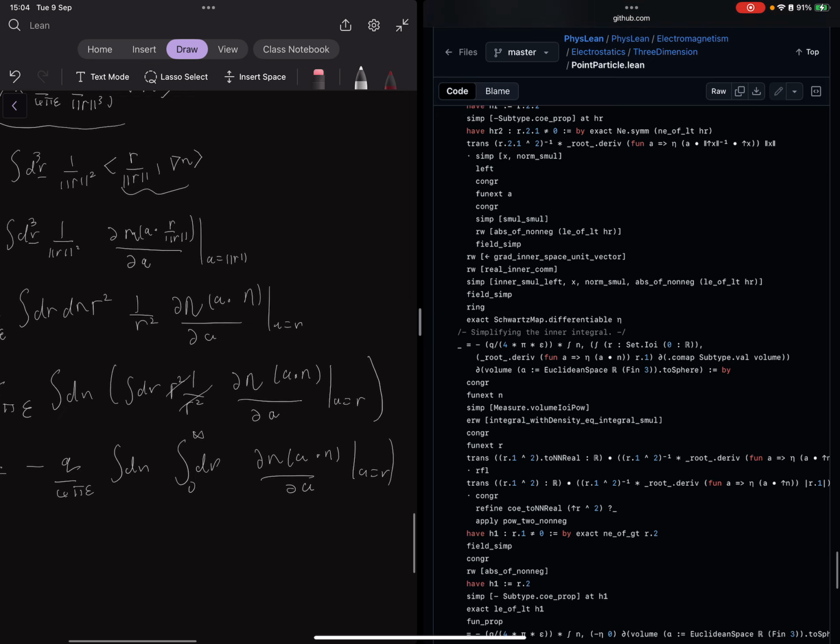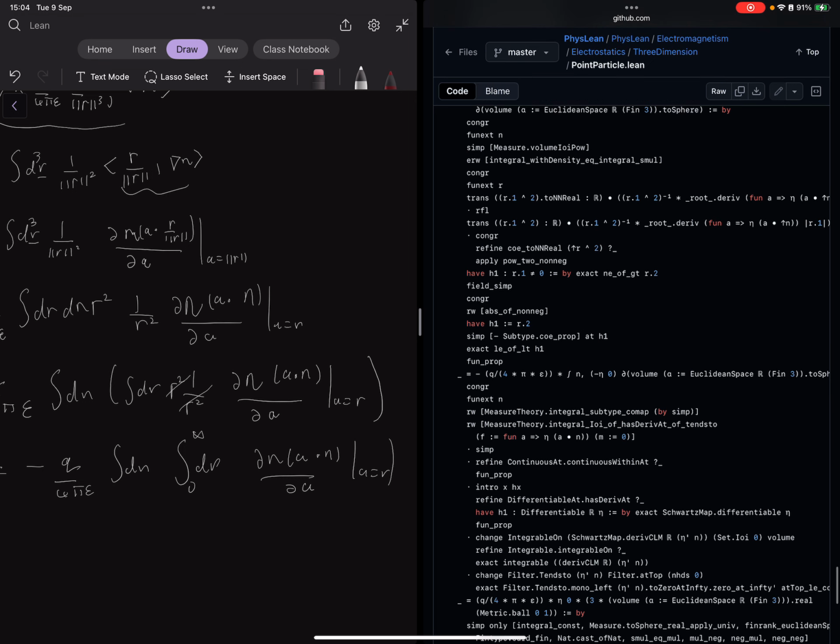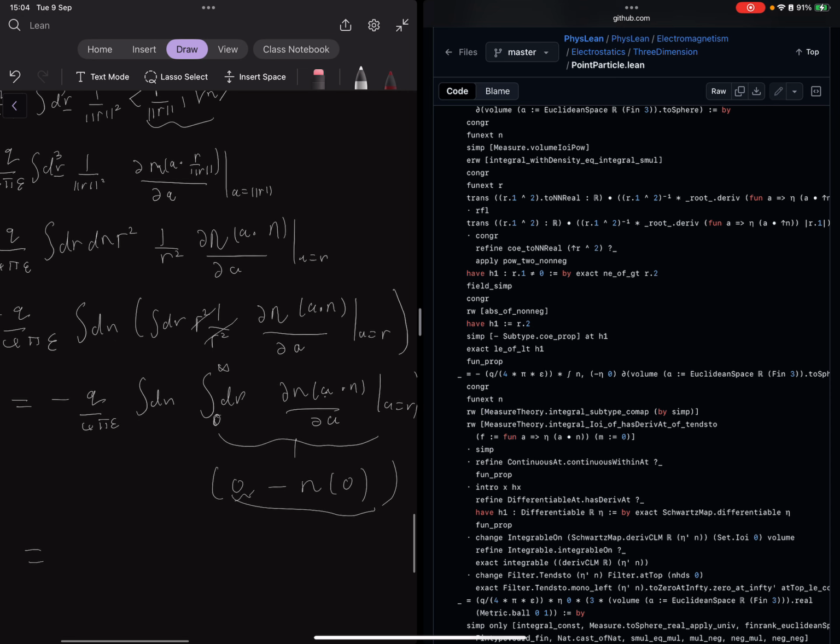And basically what happens now is that you rewrite this, you basically say, okay, eta, because it's one of these nice Schwartz functions, it decays sufficiently well that this decays at infinity to 0, and at 0, because of this a here, you just get 0. So this whole integral, because it's an integral of a derivative, is basically equal to this thing here. And this is then equal, of course, to q over 4 pi epsilon times eta 0.